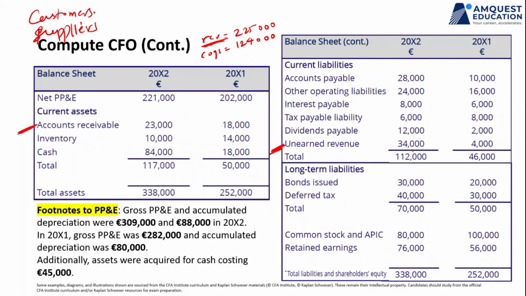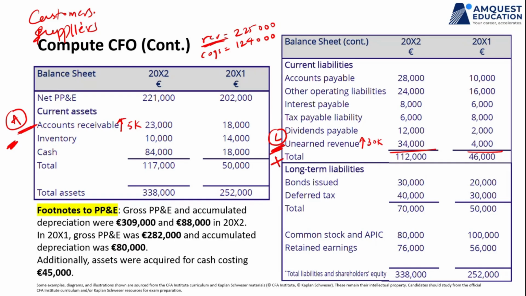Obviously, we will need the change between the two numbers, right? So we are saying that my unearned revenue has increased by 30,000 and my receivables have also increased by 5,000. This is a liability. This is an asset. If an asset increases, we subtract. If liabilities increase, we add.